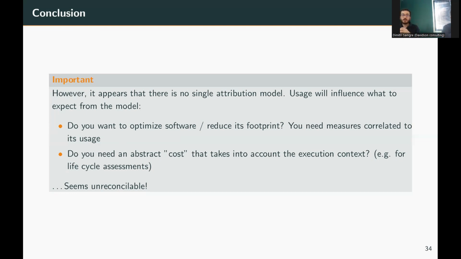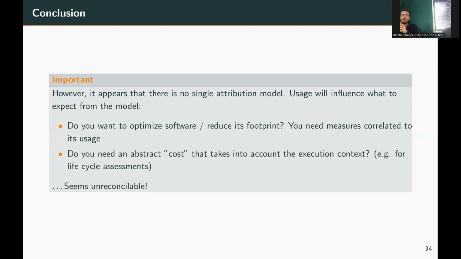Another usage is for people making, for example, a life cycle assessment of the software, where you need to take into account the execution context. And here you don't really care about having an energy consumption curve that you can understand. Here you are interested in how much energy the software is using in its own deployment context. And here the cost could be considered abstract.